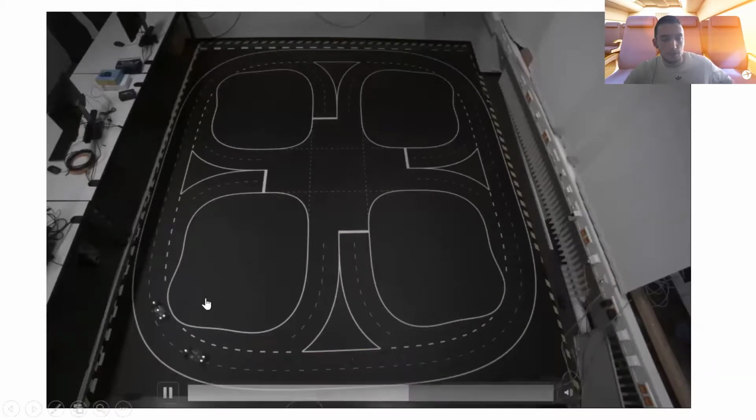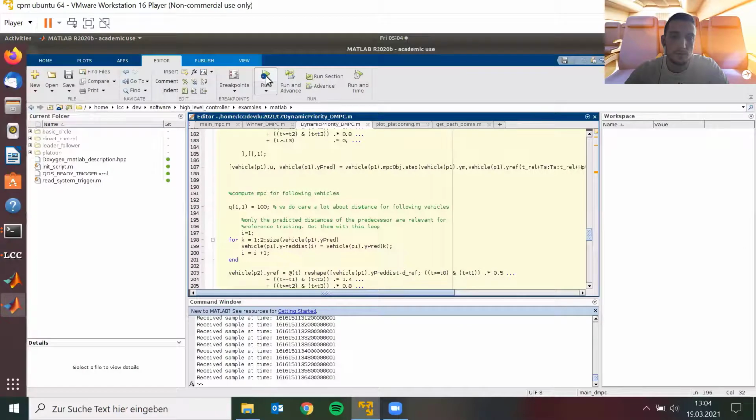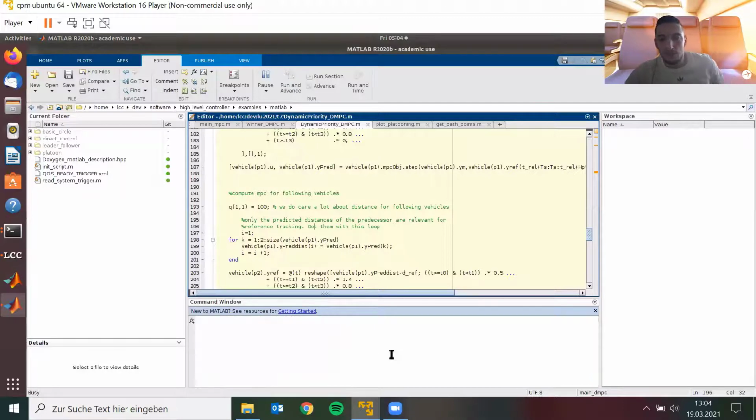Okay, but I want to show you maybe the simulation of the dynamic priorities. I hope that this works. So, let's just wait for the connection.